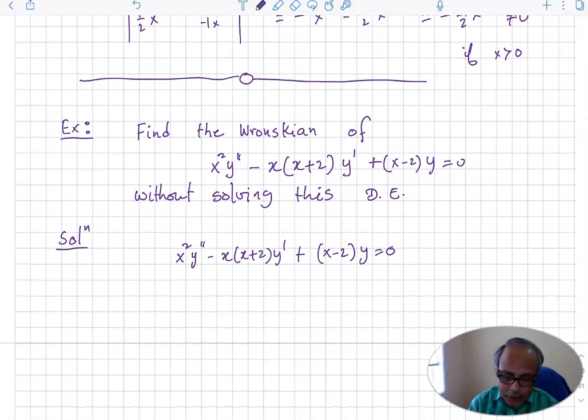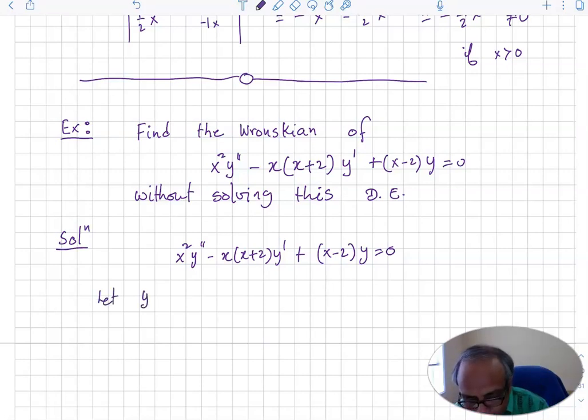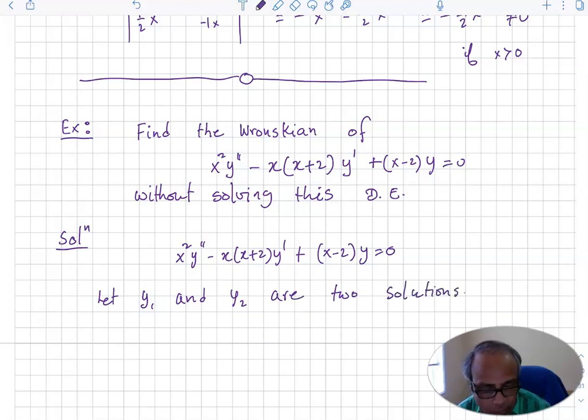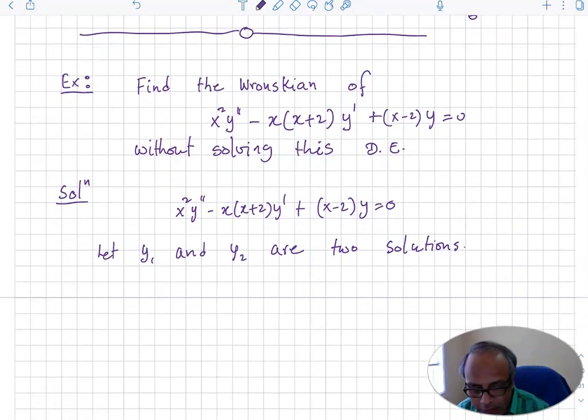Okay. So to determine the Wronskian, I'm going to assume that y1 and y2 are two linearly independent solutions. I don't know what y1 and y2 are, but this is a second order differential equation, so I know that it has two solutions.